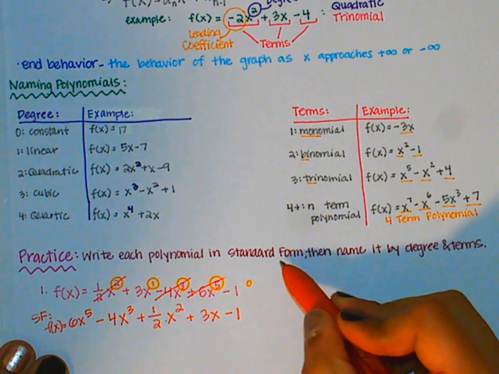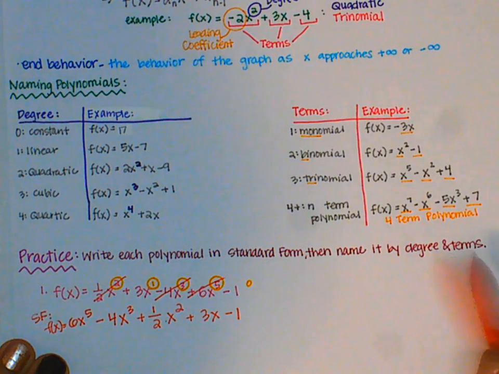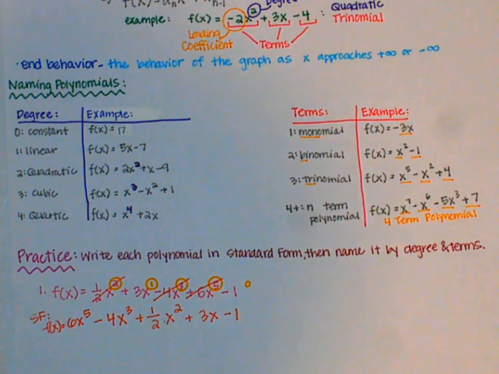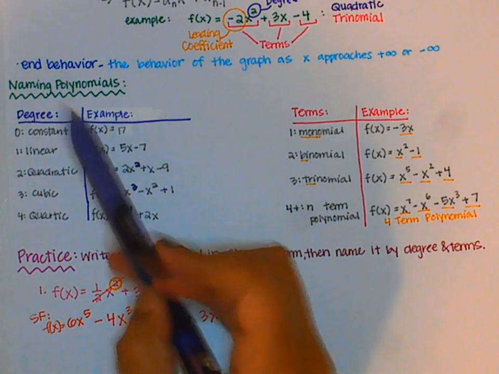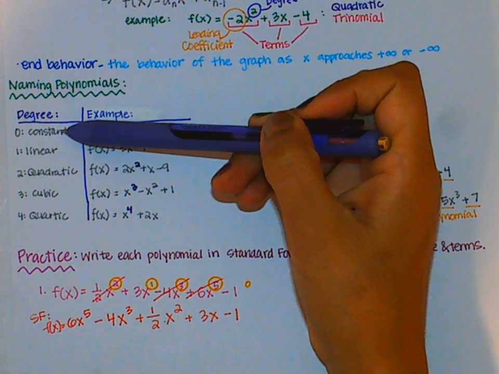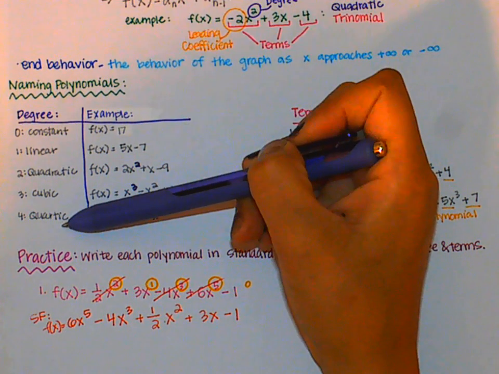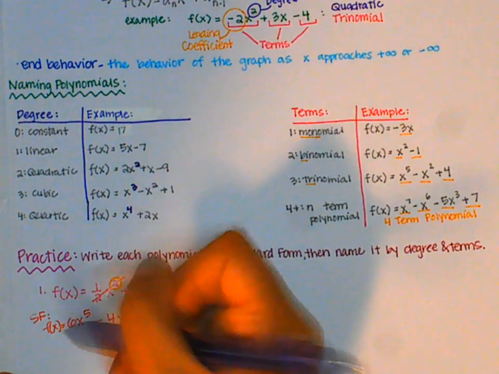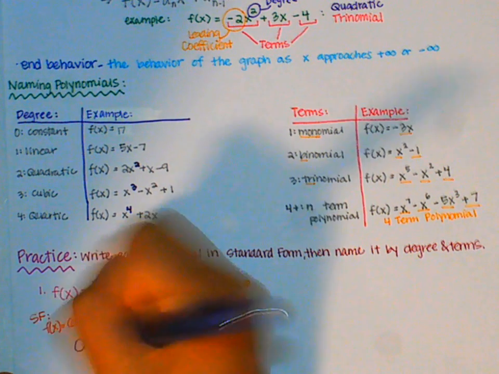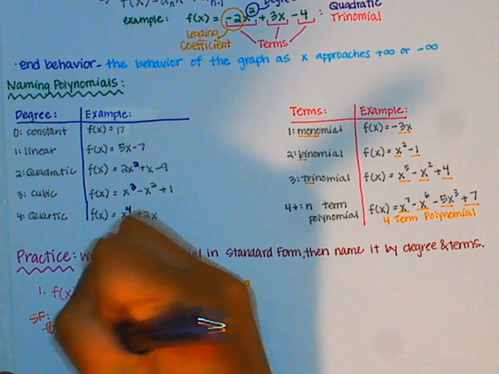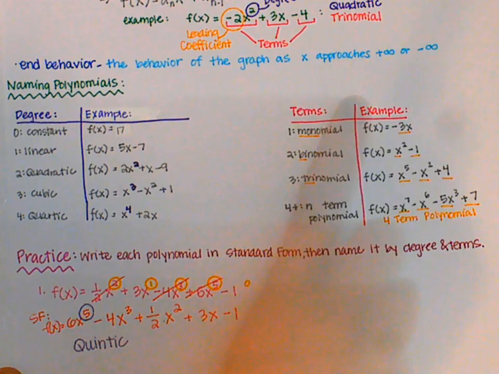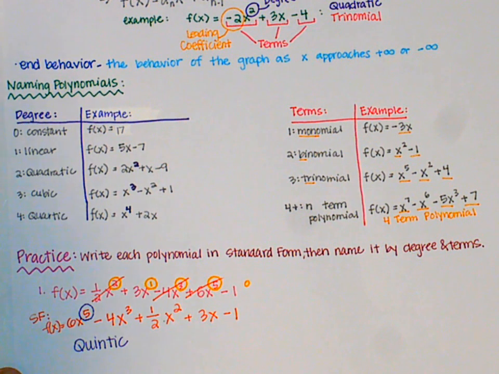So this here gives me my equation in standard form. So I checked that part off. Now I want to name it using degree and terms. My degree is determined by my exponent. So I am going to find the biggest one, which is a 5. Now it's not on here, but it's going to be a quintic. And then the second name is going to be determined by how many terms I have.